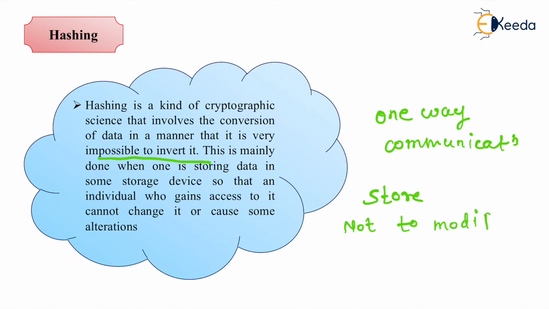Because once we are able to invert the data, we are also able to modify it if we are the authorized receiver. But here, though the receiver is authorized, he is not able to invert, edit or modify the data. And hence such security is used for storage purposes. That means something will be stored, and we can access that stored thing for our use, but we are not able to change or modify it.